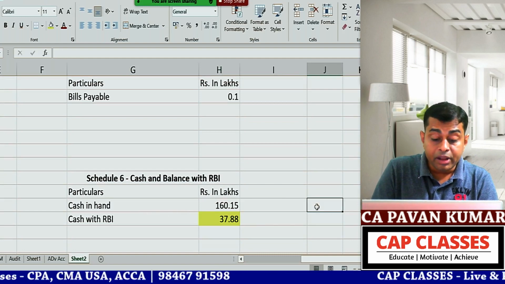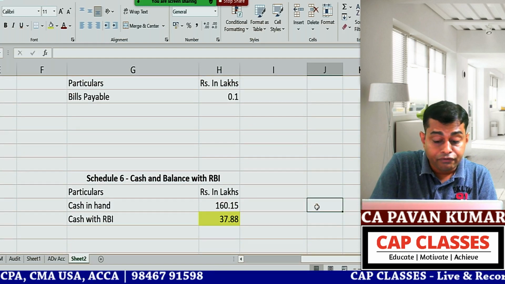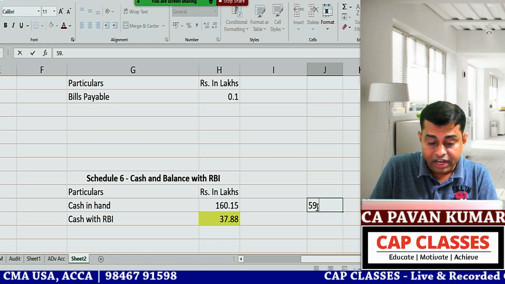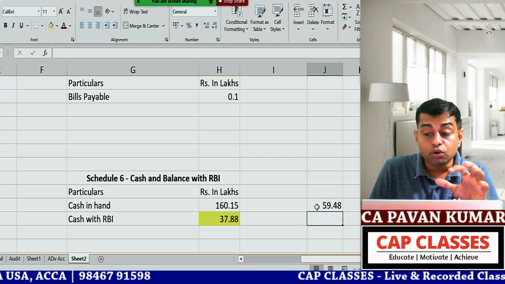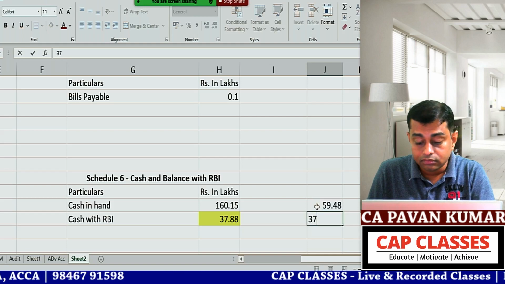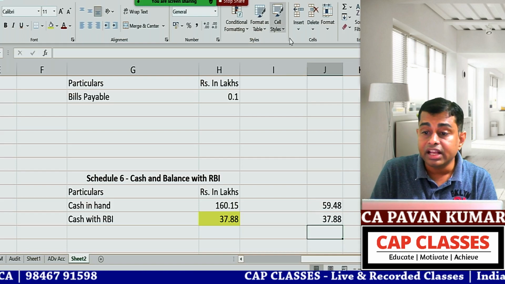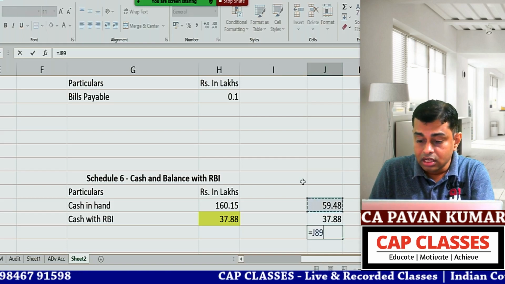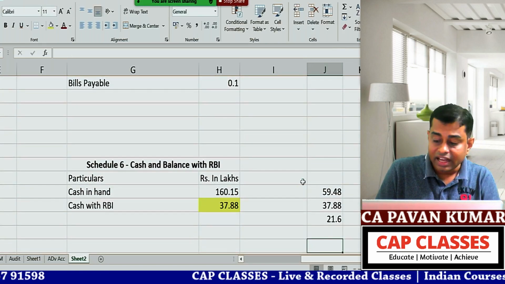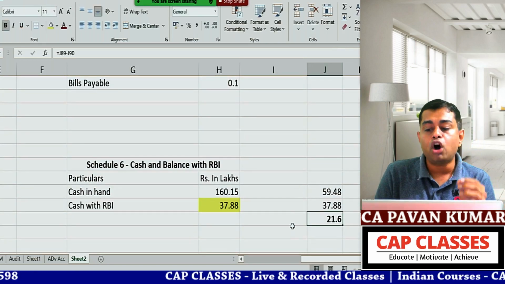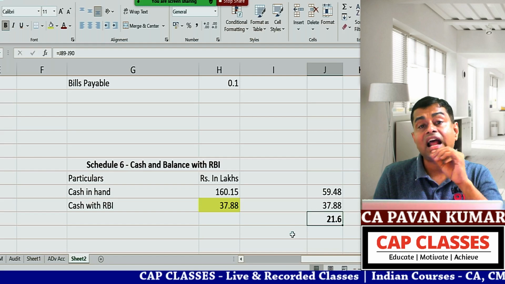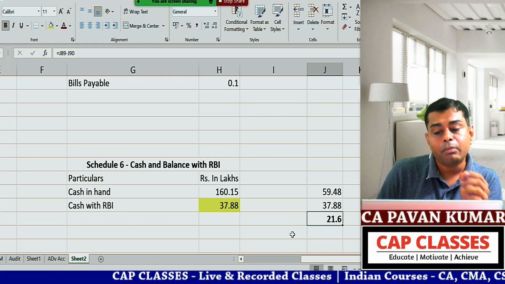So it should be 59.48, but it is only 37.88. That means there is some money short. So can I say 21.6 shall be transferred from other banks to RBI?